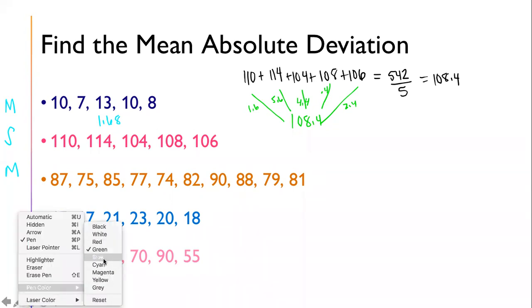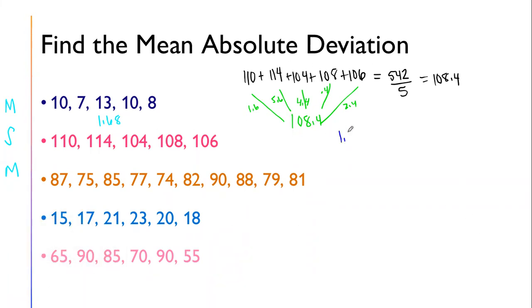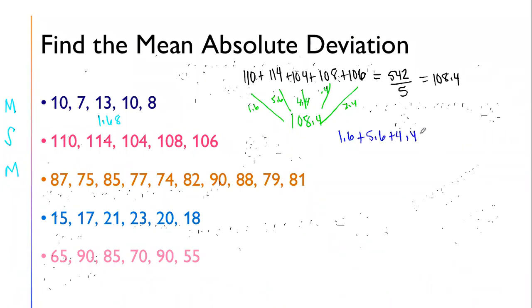All right, I don't know if I'm moving too slow or too fast, but I'm gonna go ahead. So you should have got 1.6, 5.6, 4.4, 0.4, and 2.4. And then finding the average of all these numbers.